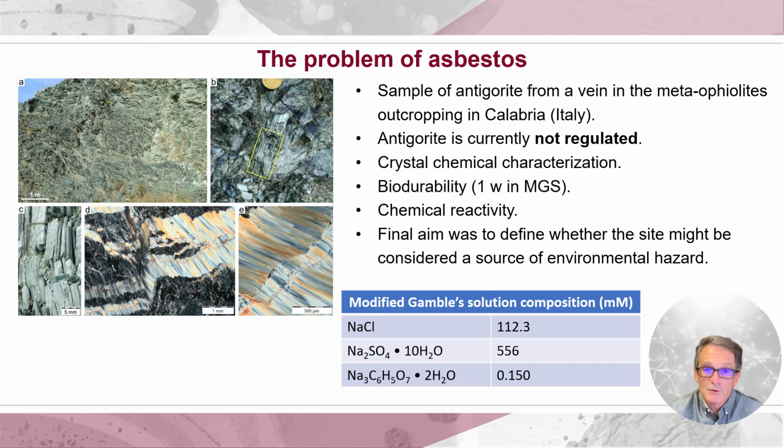Our investigation, which also includes significant geological fieldwork, involves a detailed crystal chemical characterization of antigorite, a test of its biodurability after 1 week in a modified Gamble solution, which is a simulated lung fluid, and an analysis of its chemical reactivity. The main goal of this research is to assess whether the site could represent a potential environmental hazard.